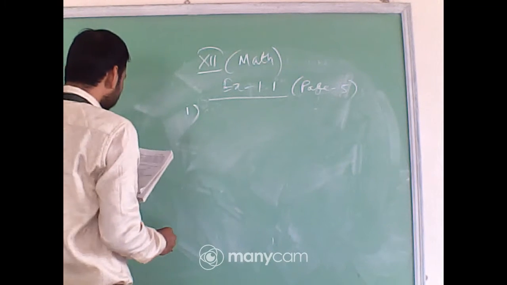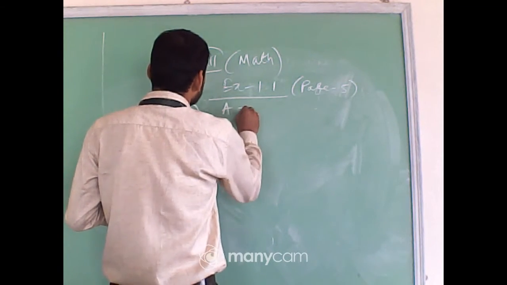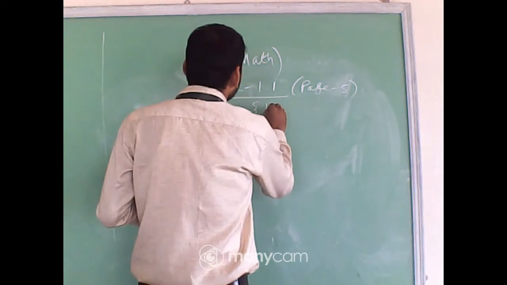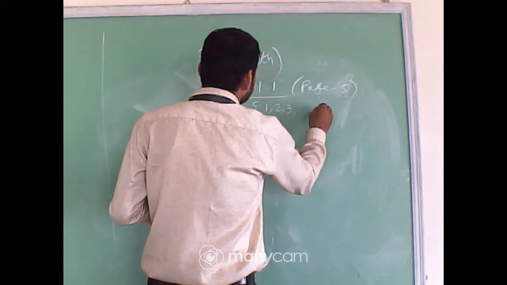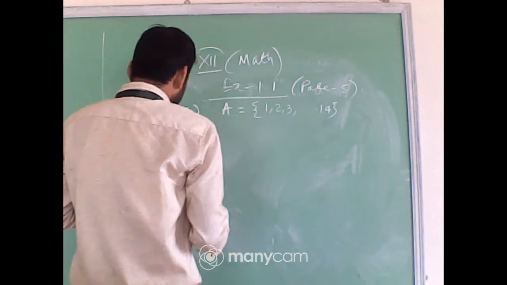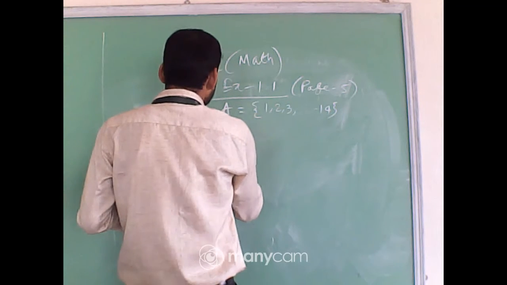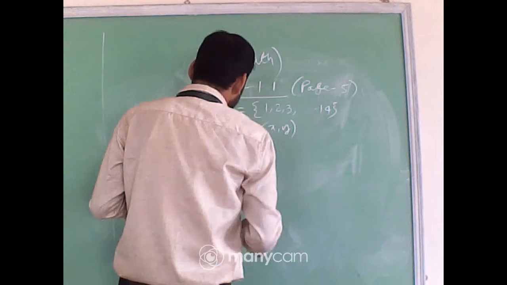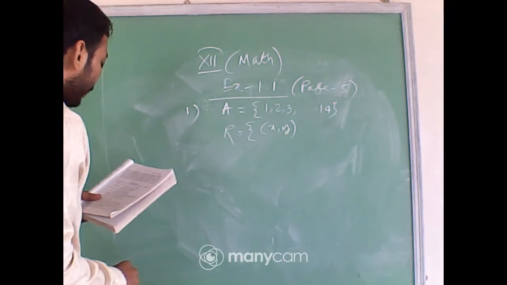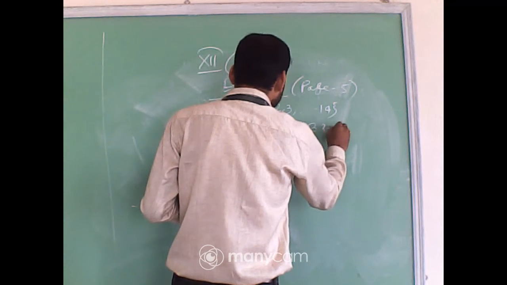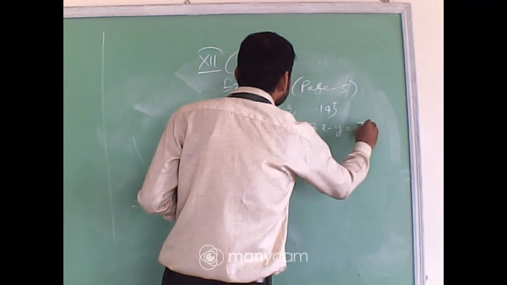The first relation, here the set on which the relation is defined is given as 1, 2, 3, up to 14, and defined as R equals the set of ordered pairs x comma y such that 3x minus y equals 0.